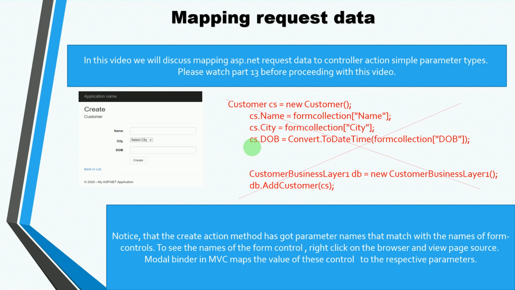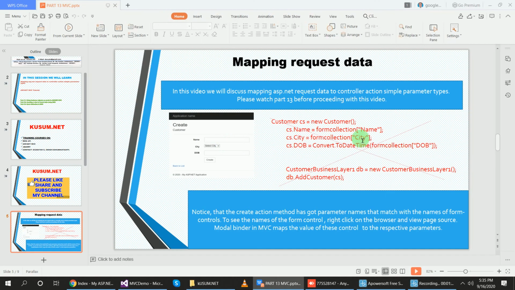Before proceeding, let's see here that last time we were using this form collection object, getting data from the form and sending it to the database, using the object of the custom business layer, a business data object.